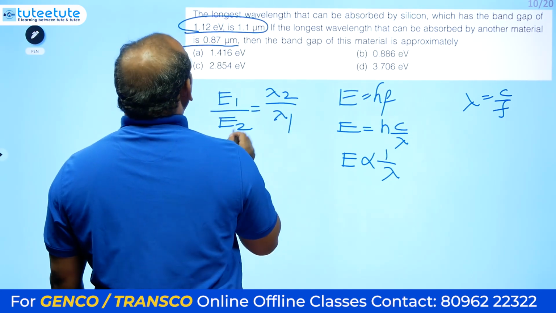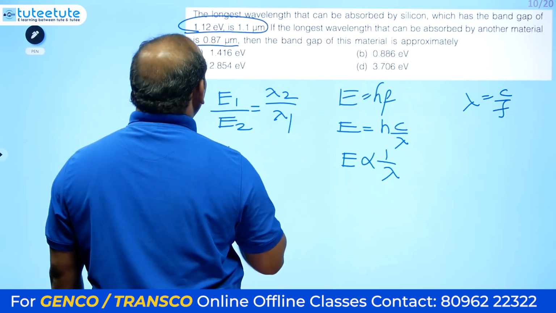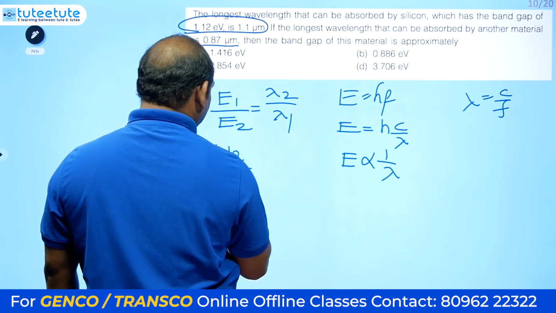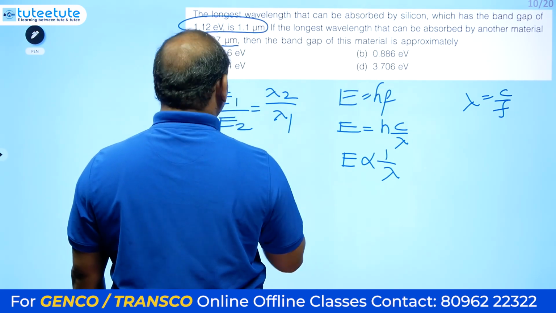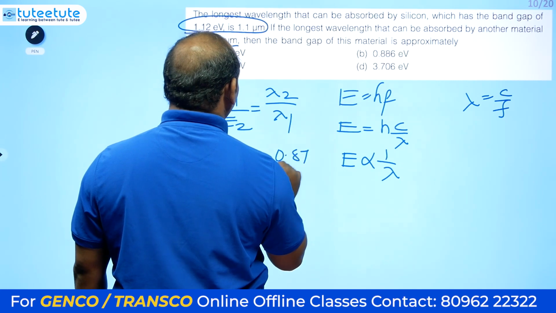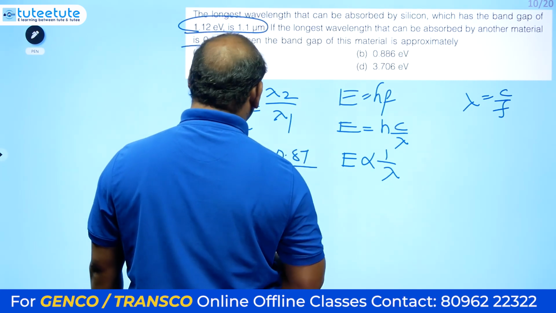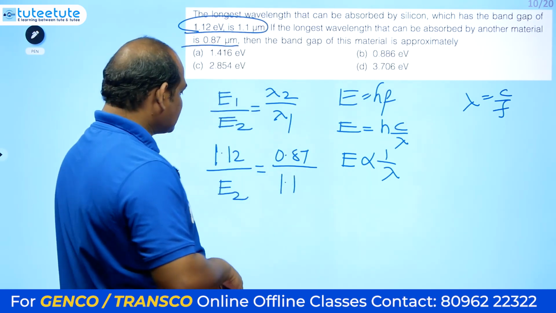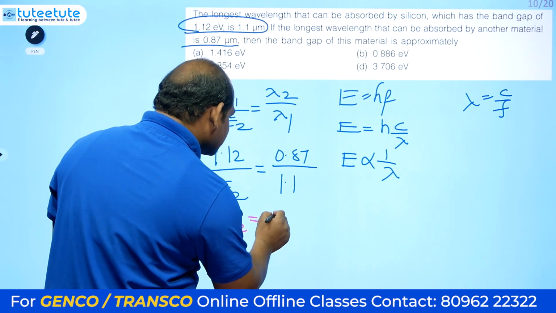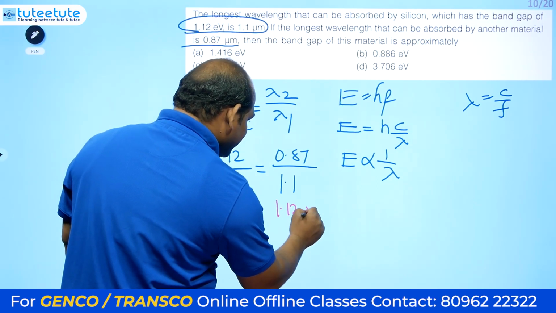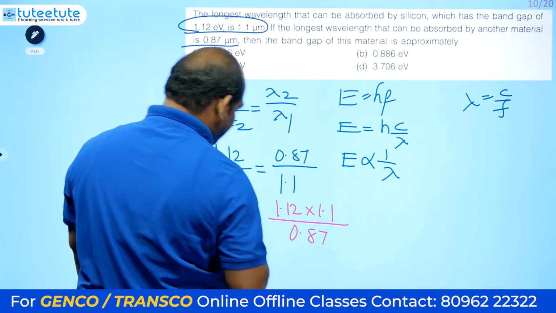So E1 I am taking as 1.12, that is what they have given, and E2 we have to calculate, that is equal to lambda 2, 0.87 micrometer, by 1.1 micro. Micro I am not writing, anyway those will be cancelled. So what I need here is E2. By cross multiplying, E2 is equal to 1.12 into 1.1 by 0.87.